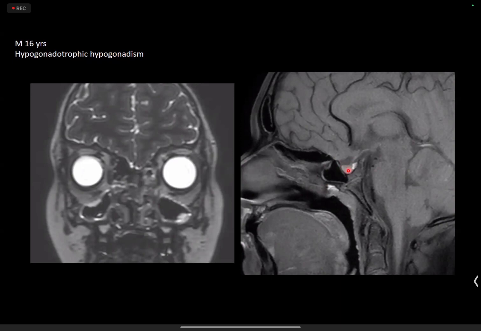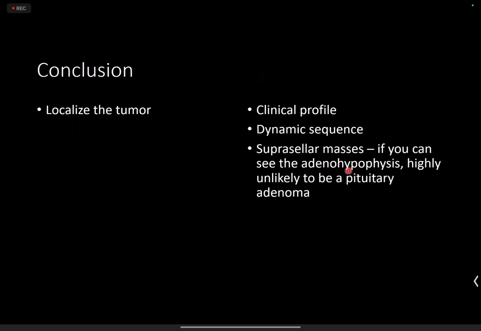But in the coronal CISS sequence, there is absence of the olfactory bulbs within the olfactory recess in the CSF space. So in all cases of hypogonadism, I would suspect Kallmann syndrome with olfactory agenesis. Yes, absolutely right.